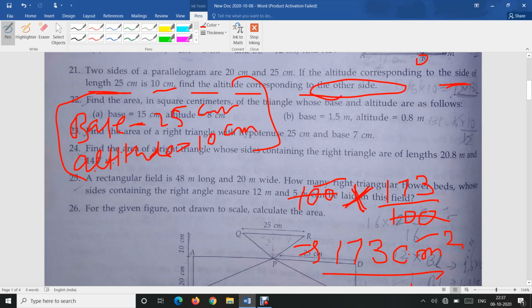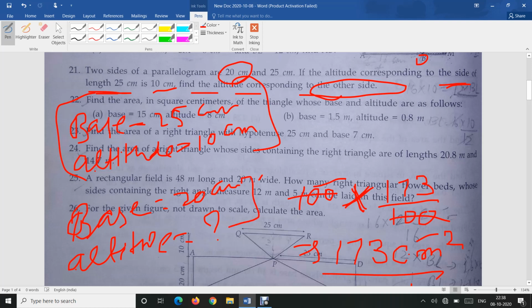The other side is 20 centimeter. So if the base is 20 centimeter, then the altitude is missing from here. Then you have to find out the altitude for the base of 20 centimeter.